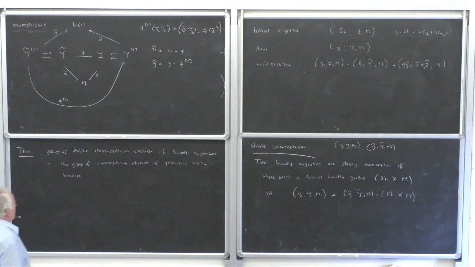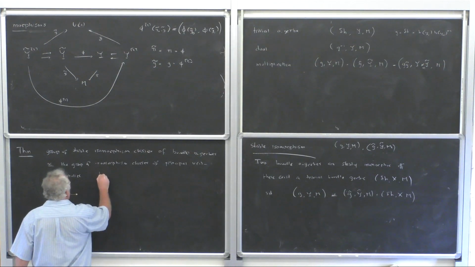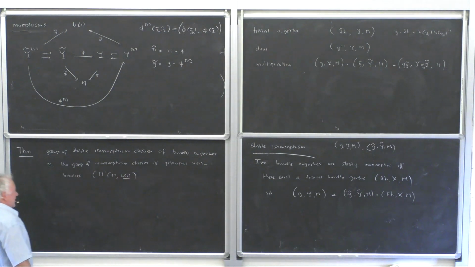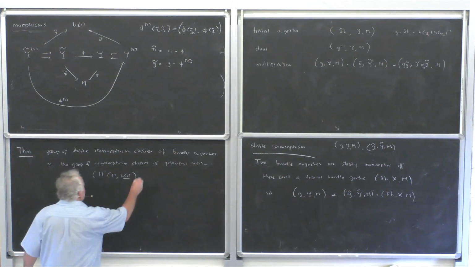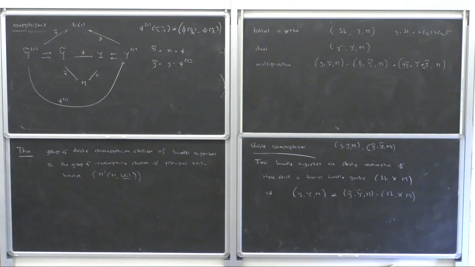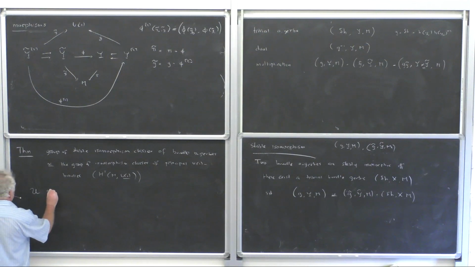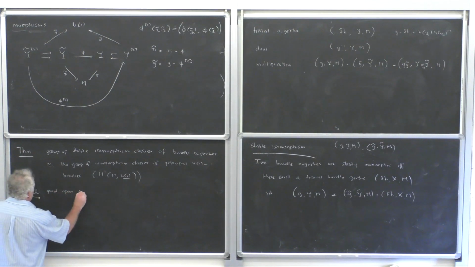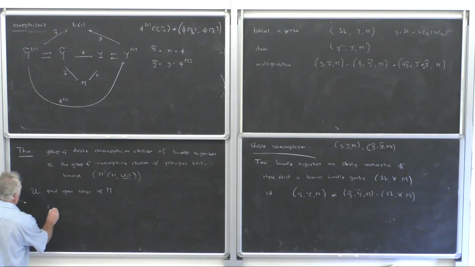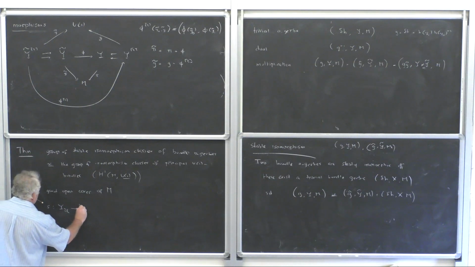Maybe you know that principal U1 bundles are classified by H1 of M with coefficients in the sheaf of U1 valued functions. In particular, I have to associate an element in here to any bundle gerbe, and we've seen already how to do that. We just take an open cover, in fact a good open cover of M, in such a way that we have a morphism of surjective submersions.